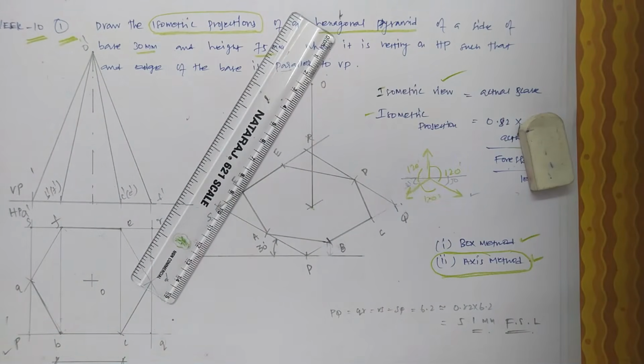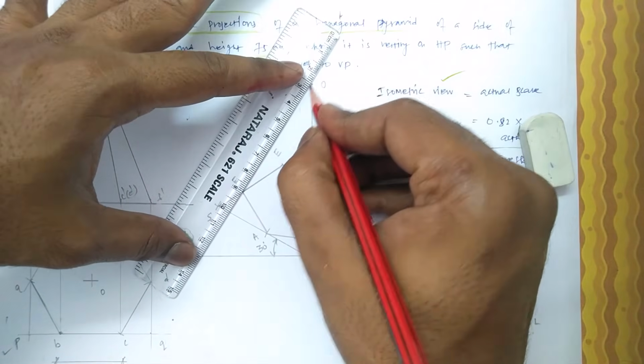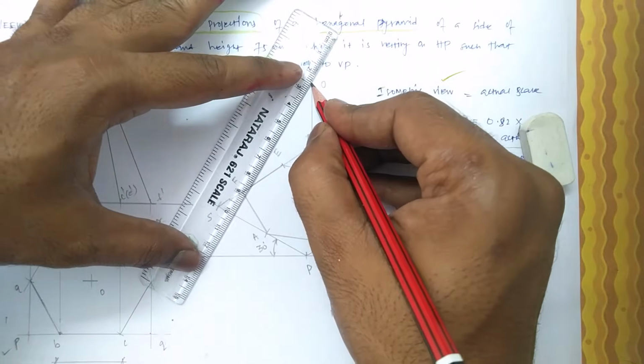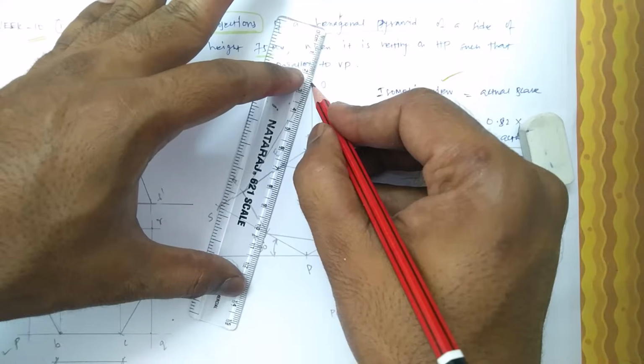Where is my 2H pencil? Okay, so connect all from O to A, B, C, D, E as it is, as such. So the pyramid will look slightly different.